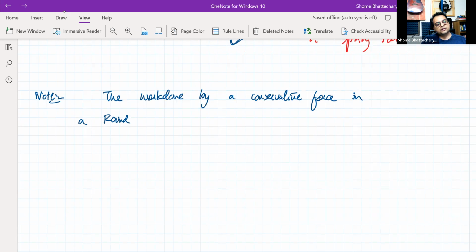So what is the meaning of a round trip? It is such a path where on completing the path, we are back to our starting position. That means the initial and final position are the same. That is the meaning of the term round trip.